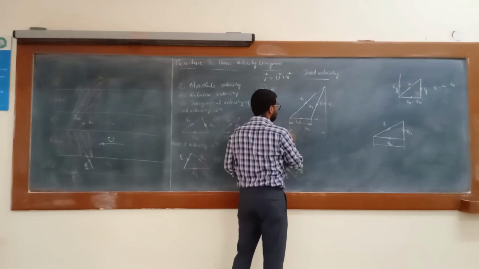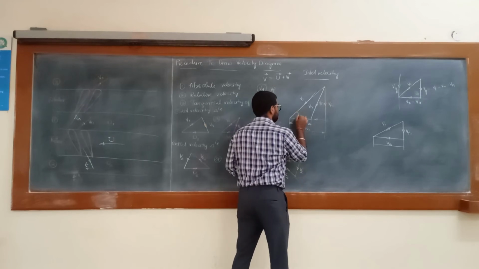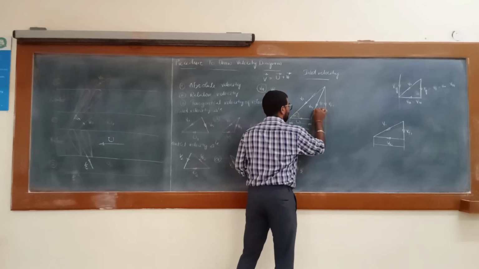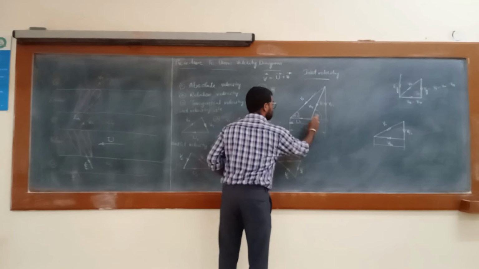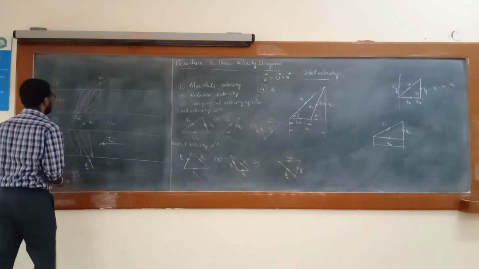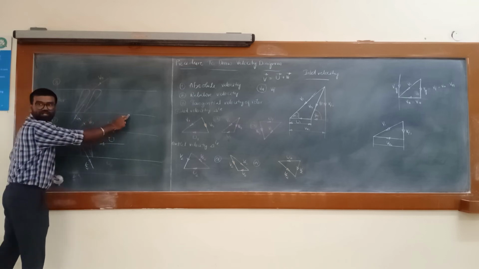Understood? Okay. Now here we will be having the angles. Say this is alpha 1 and this is beta 1. Okay. What is this alpha 1? Alpha 1 is nothing but the angle made by the absolute velocity with respect to the tangential direction.